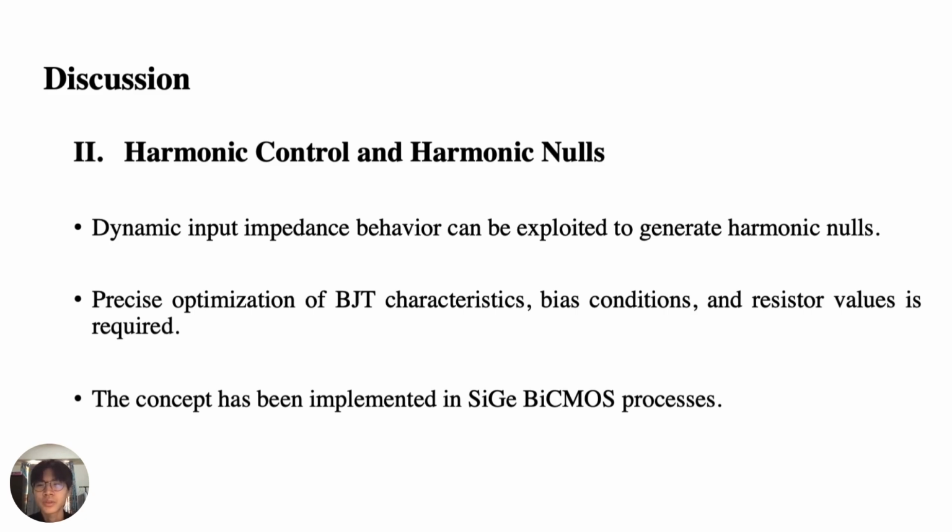This transition introduces a small amount of crossover distortion, which is observed in both simulation and measurement. However, increasing the bias current can effectively reduce the distortion at the expense of higher power consumption. This provides a clear design trade-off between efficiency and linearity.